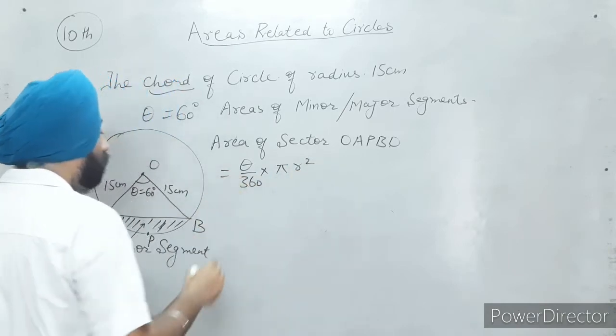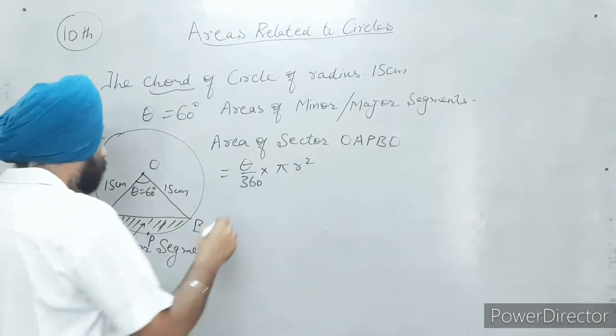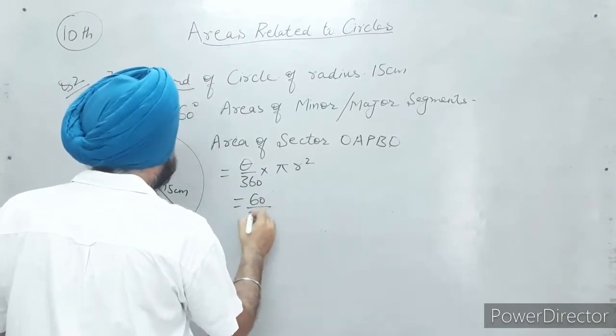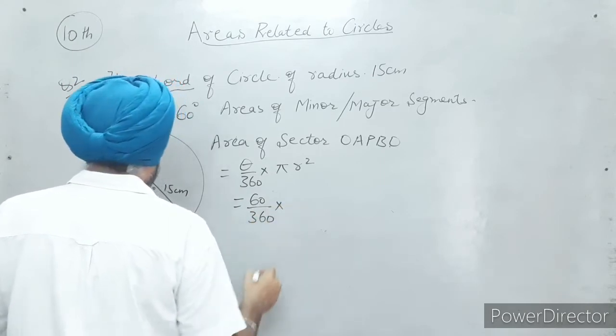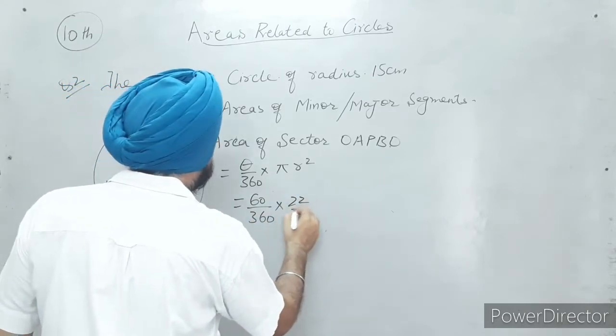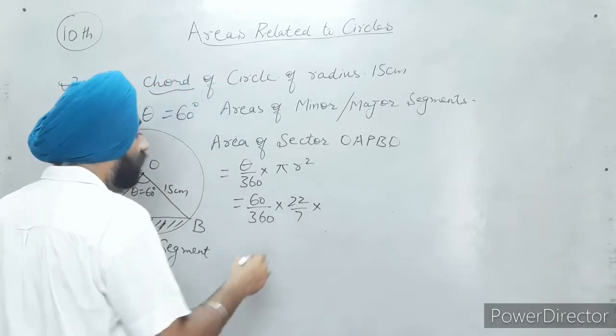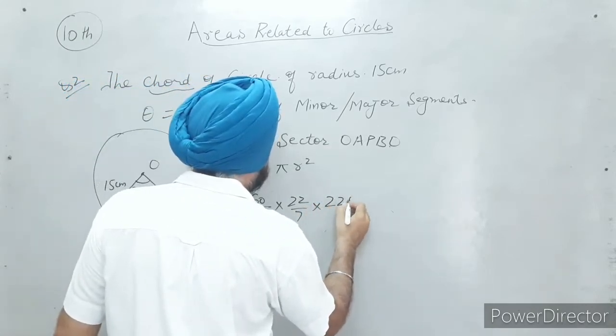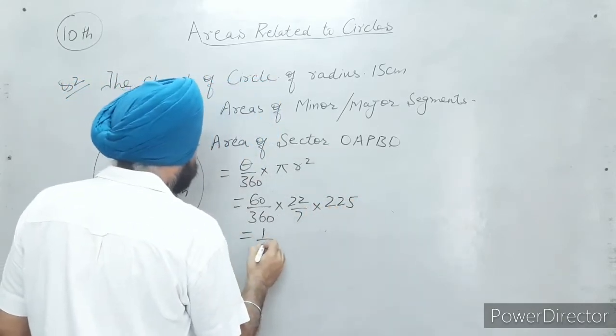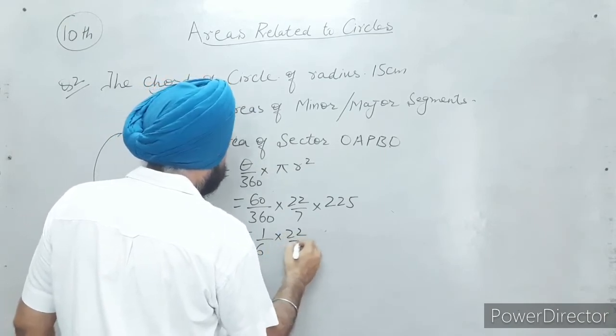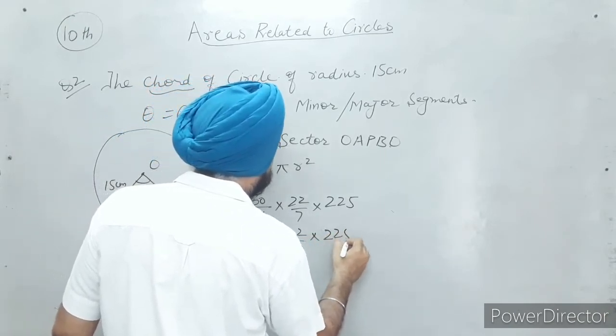I will use the same formula which I used in the previous sum. Now theta is 60 degrees, over 360, into pi. Pi is 22 by 7. Radius is 15, 15 square is 225. This goes 1 by 6, 22 by 7 into 225.